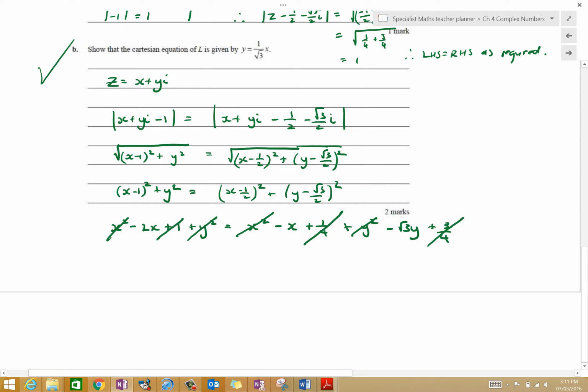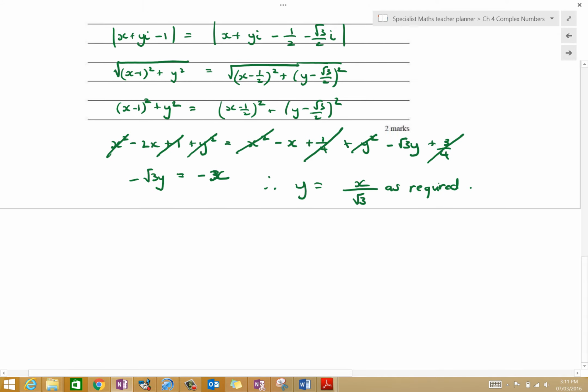So what we've got is minus root 3 y is equal to minus x. So therefore y equals x on root 3. And isn't that what we just had to show? As required. Of course, it's a bit easier for you guys to fit that all into space because you're writing with pen, trying to fit that in the lines. No chance on this computer.